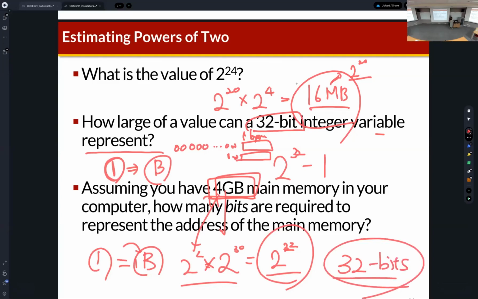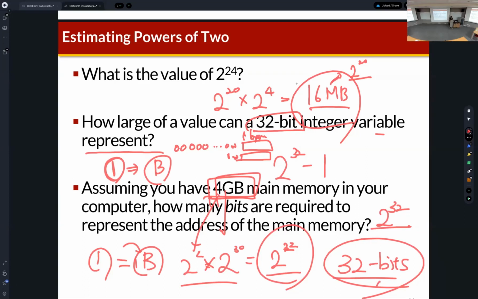With 32 bits, we can represent 2 to the 32 different numbers using a 32-bit binary number.